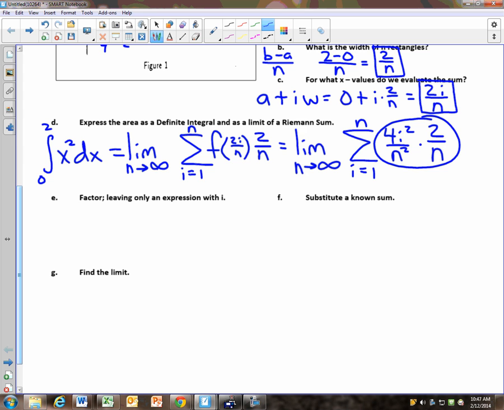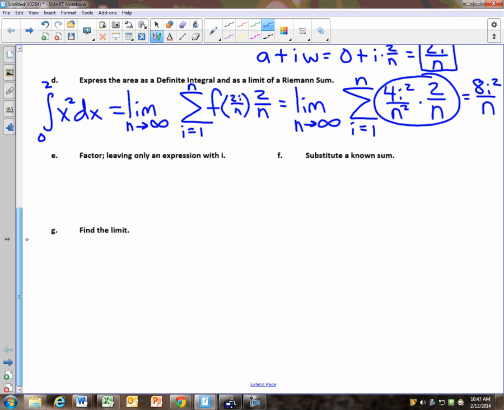Can I multiply those together? What do you get? 8i squared over n cubed. How many variables do we have? We got the n and we got the I.